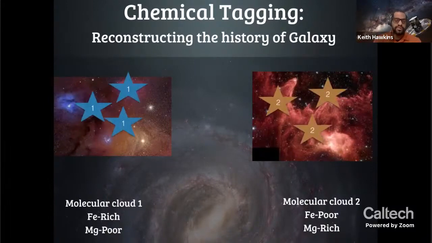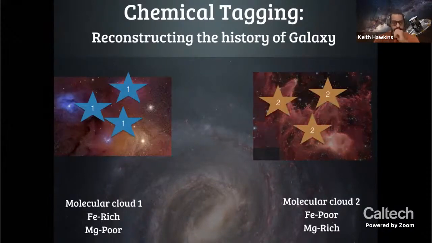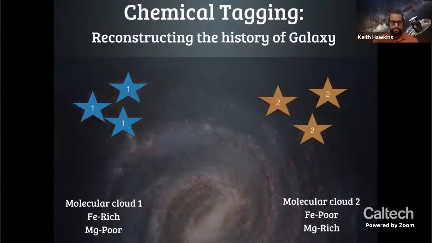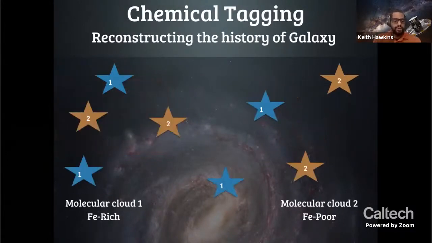They form their stars, and of course, over time, those stars interact with things and phase mix into the galaxy, so they basically become jumbled up. And so the question is, can I determine where each star came from on the basis of its chemical fingerprint?